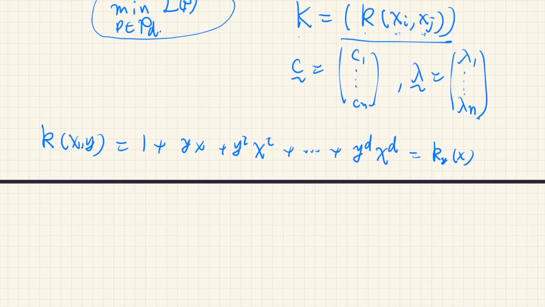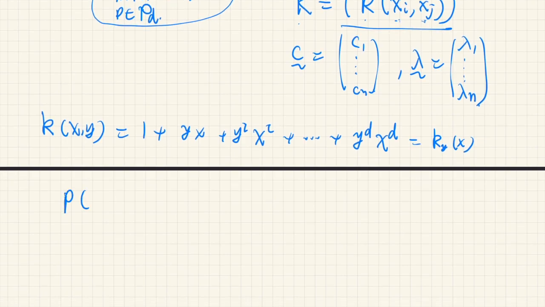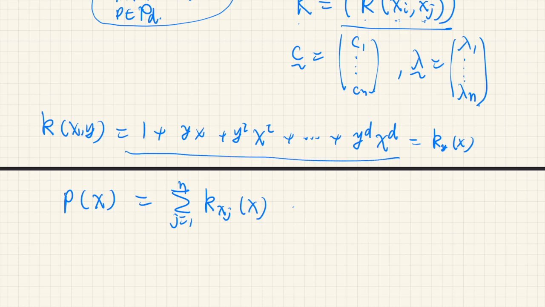Then our optimal polynomial function would be of this form, that is, a linear combination over j from 1 to n of k_{x_j}(x). Since we are adopting this kernel function, this is a polynomial function with a degree of at most d.